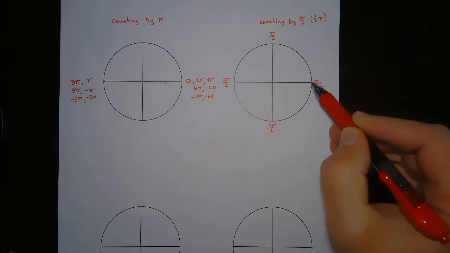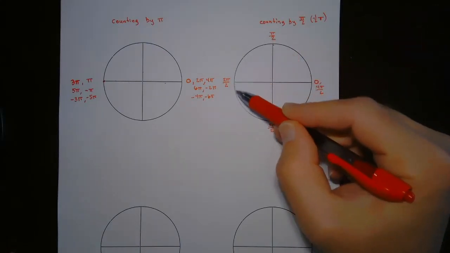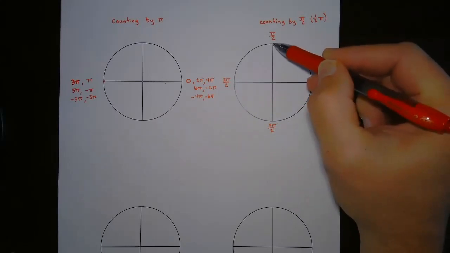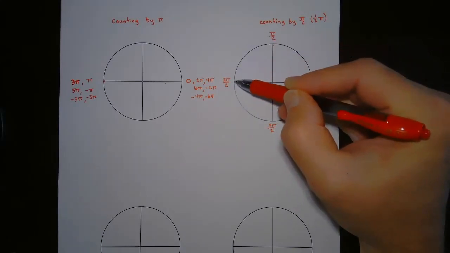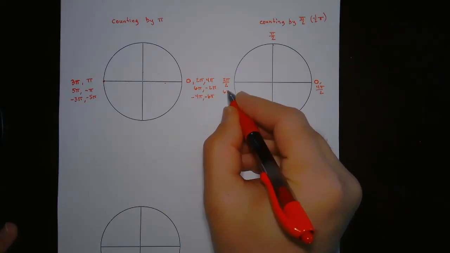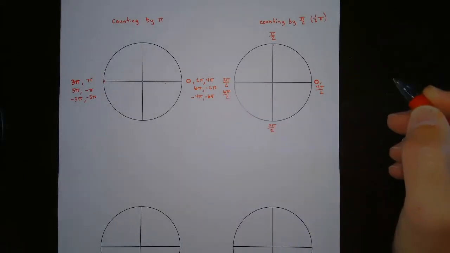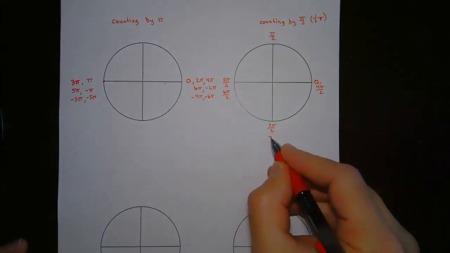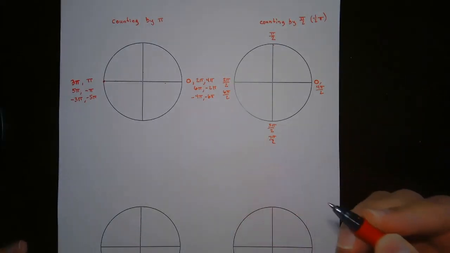Okay, so 0 pi over 2, 2 pi over 2, 3 pi over 2, 4 pi over 2, 5 pi over 2. Right here would be 6 pi over 2, okay? But what is 6 pi over 2? It's really 3 pi, right? Because that reduces, okay? This would be 7 pi over 2.